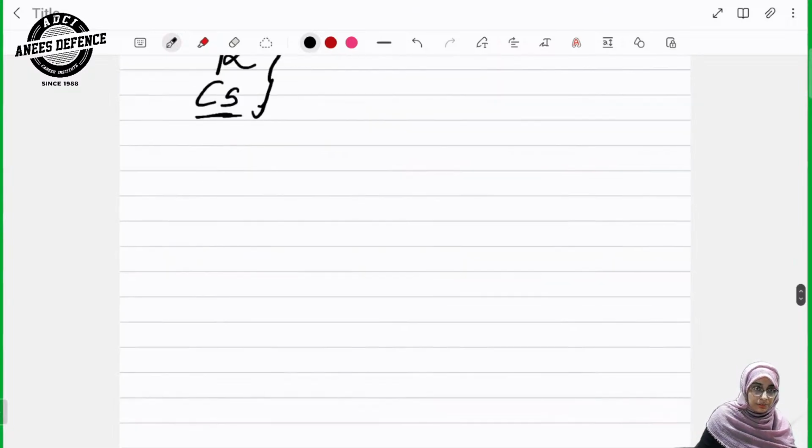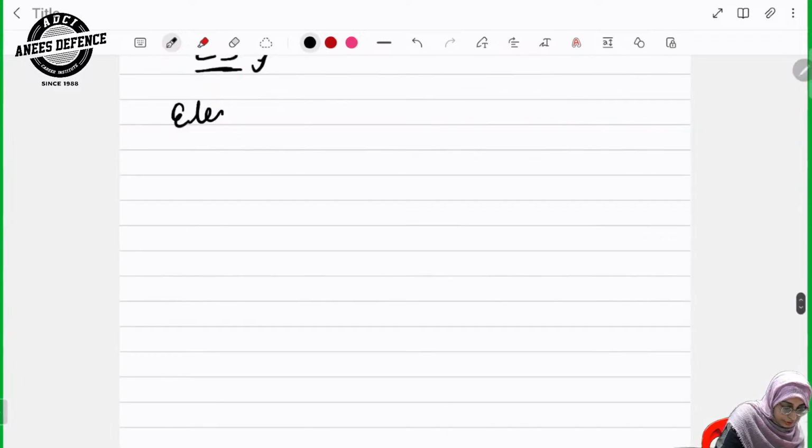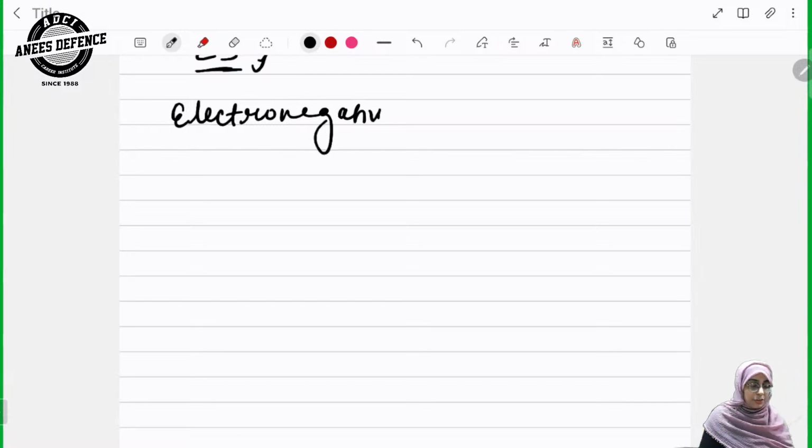Now, after ionization energy, next are electron affinity and electronegativity. There are two terms: electronegativity and electron affinity. Actually, students get confused with these two terms.